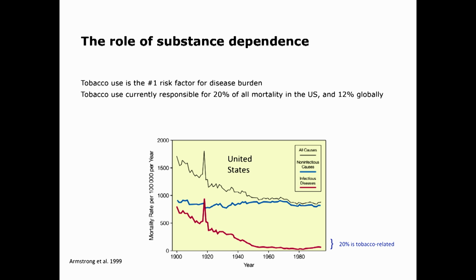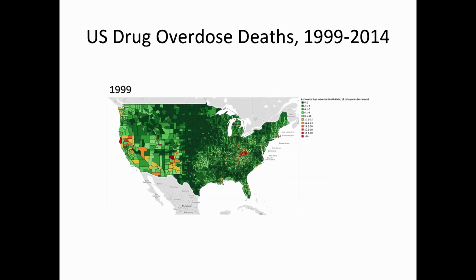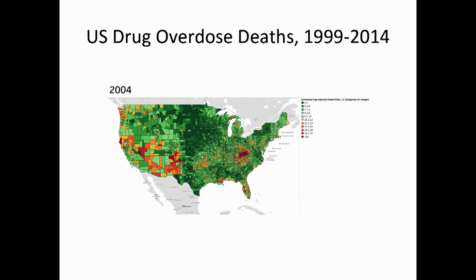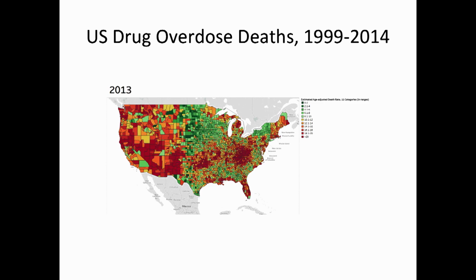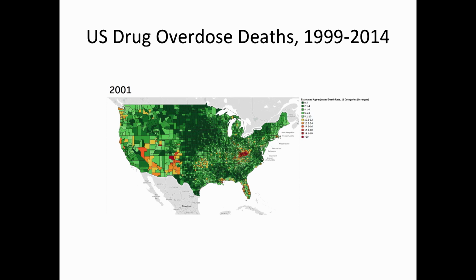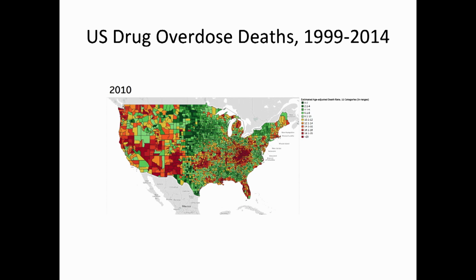So to put drug use in context here, you can see on the bottom right that about 20% of all the non-infectious disease mortality is related just to tobacco use. Tobacco doesn't make the news as much as it used to, but what is making the news today is opiate abuse in the US. This is from 1999 to 2014, and it shows an increase in overdose deaths in the United States during that time.